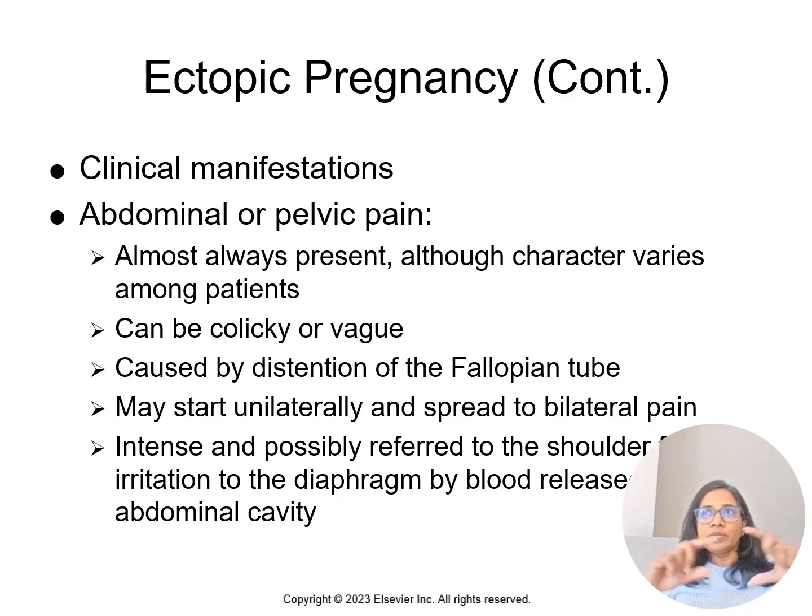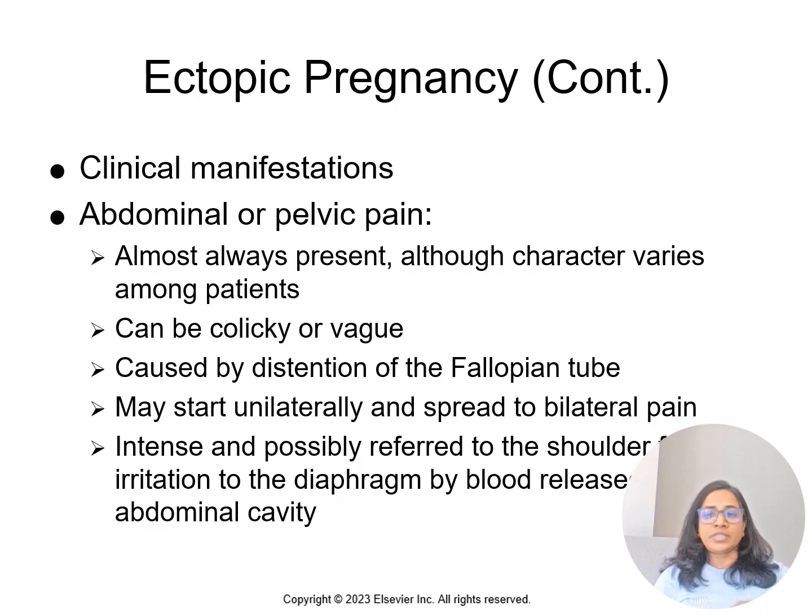The fallopian tubes and the uterus are just below the diaphragm. And this patient usually complains of shoulder pain, and you would think, okay, the uterus is in the pelvic cavity, why would patients have pain in the shoulder? Just because the uterus is just below the diaphragm. As the uterus or the fallopian tube expands, it causes irritation of the diaphragm. Irritation of the diaphragm causes irritation of the phrenic nerve.